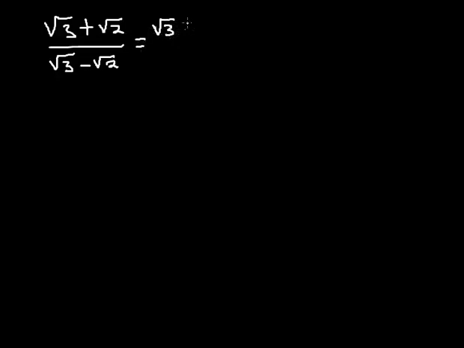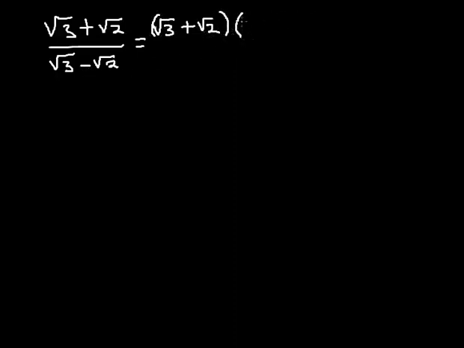Okay, then the last but not the least. Root 3 plus root 2, divided by root 3 minus root 2. The conjugate of the denominator is root 3 plus root 2. So I'm going to multiply root 3 plus root 2. And of course, since there are 2 of it, it's going to multiply the conjugate, which is also 2.